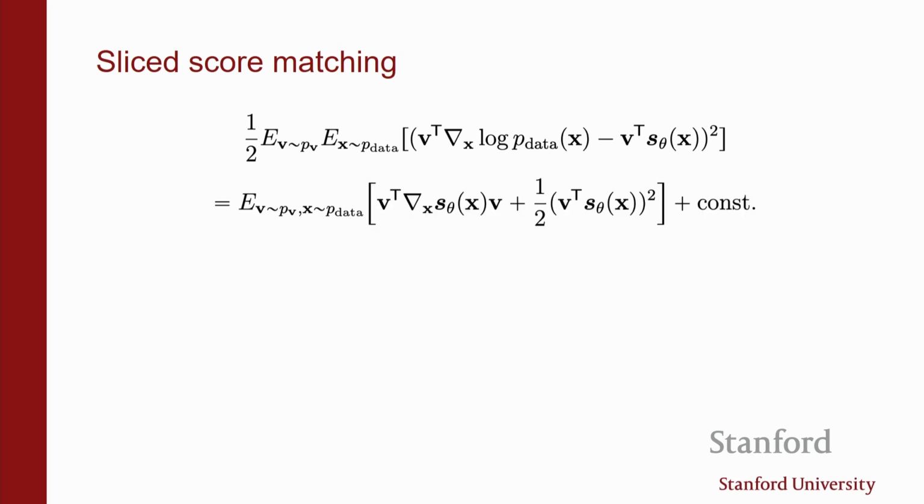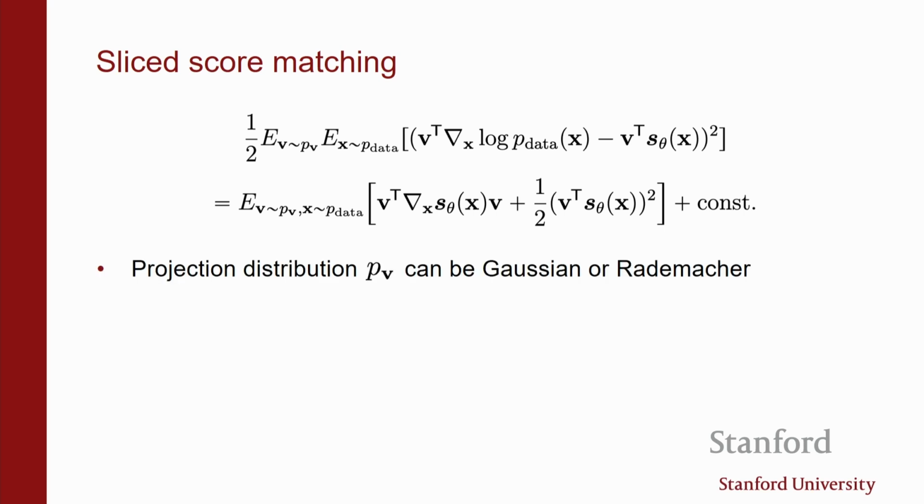And it turns out that, again, this objective function can be rewritten into one that only depends on your model, kind of the same integration by parts trick. And now this is something that can be evaluated and optimized efficiently as a function of theta, because essentially it only involves directional derivatives.